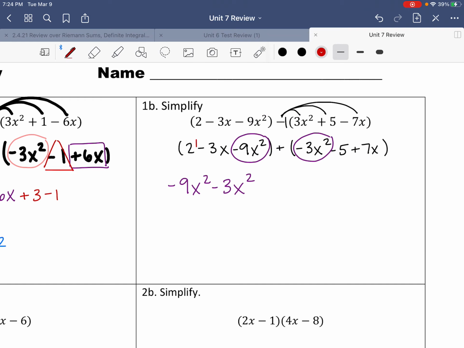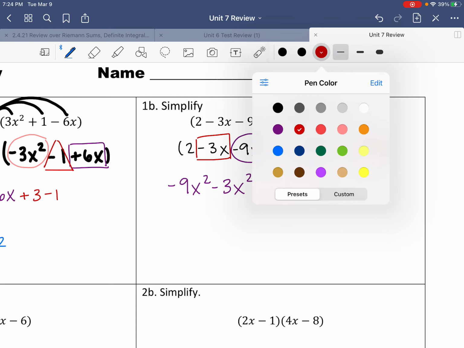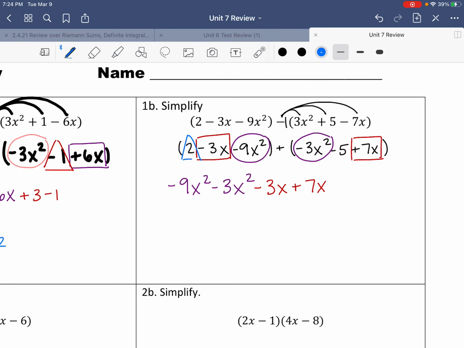Then I'm going to have my x's, so -3x and +7x. And then last, I'm going to have the constant, so a 2 and a -5. So +2 minus 5.